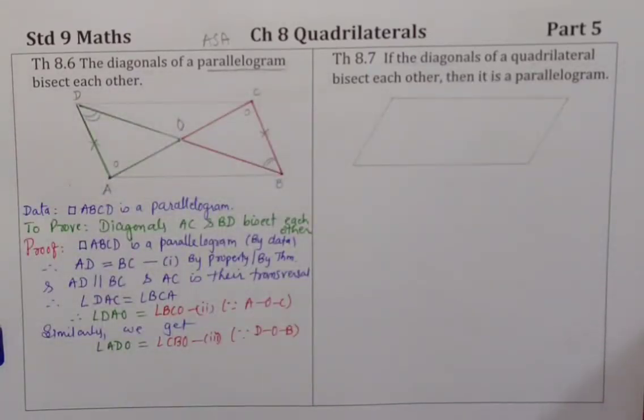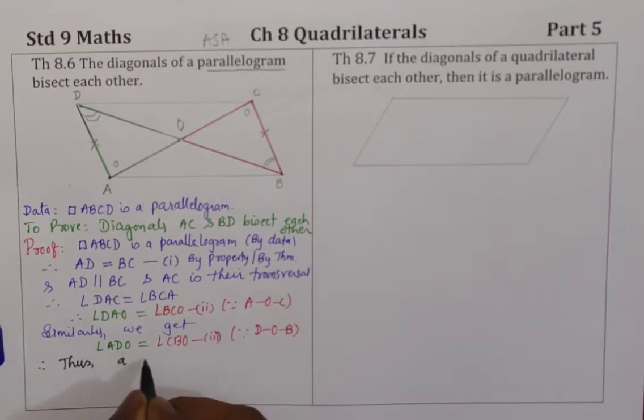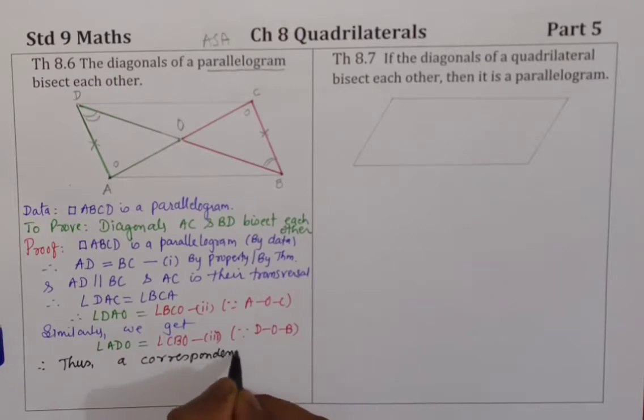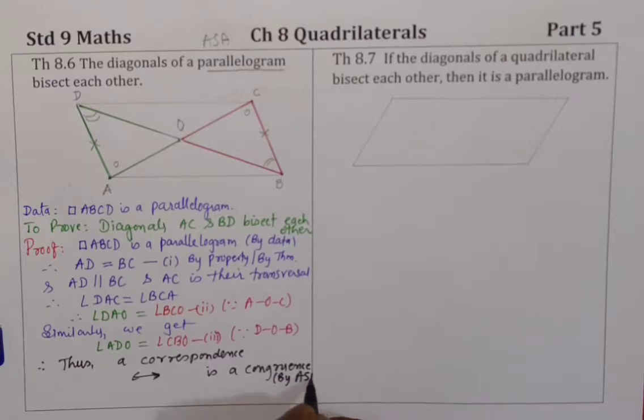Thus, a correspondence, I am writing directly, green corresponds to red, is a congruence by the angle side angle congruence rule.